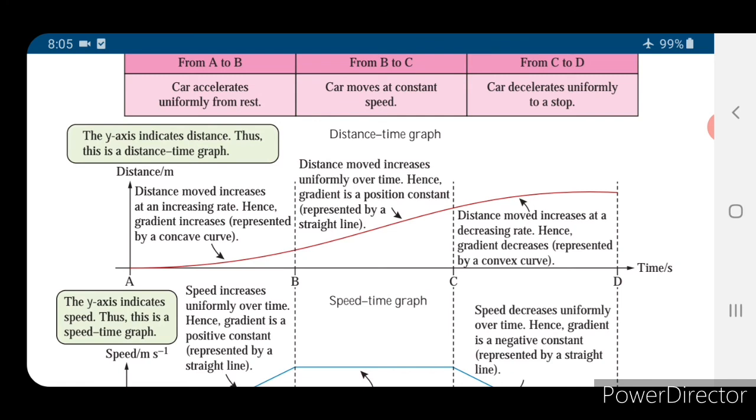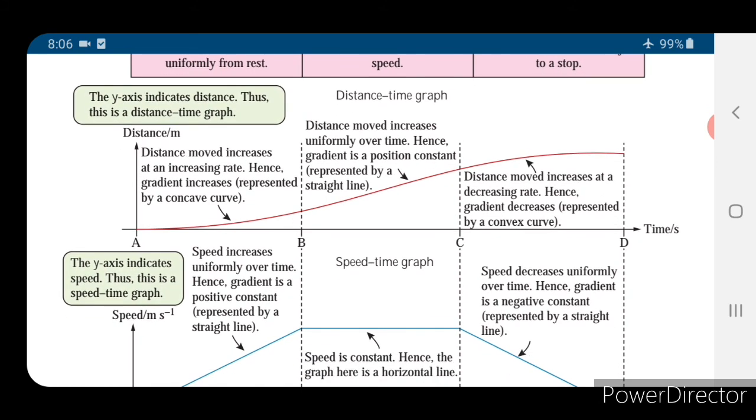When the car decelerates uniformly to a stop, the distance moved increases at a decreasing rate. Hence, the gradient decreases, represented by a convex curve. A concave curve means the distance moved increases at an increasing rate, and a decreasing rate means we get a convex curve.